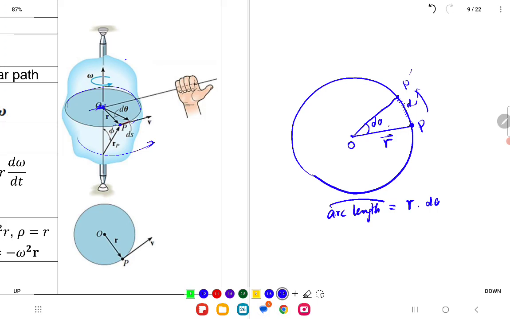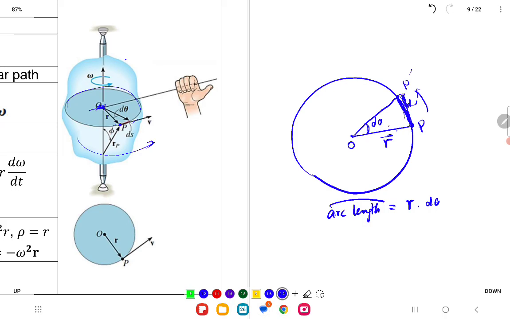That's how we find the displacement, or the length of this arc: the radius times the angle. But this is only applicable when the angle is really very small. And there is a reason for that, because you can imagine if you make a tangent, the tangent will be almost equal to the arc.